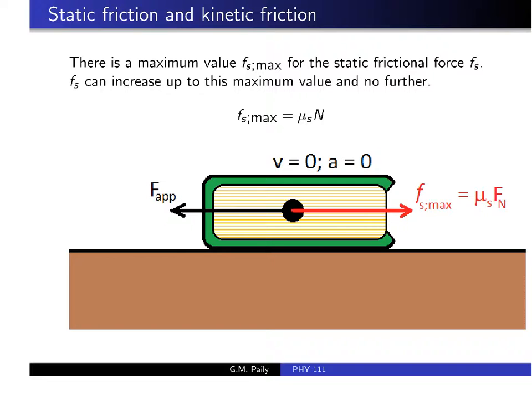If I were to apply a force downward besides the weight of the book, for example, supposing I were to put my hand here and press downward, then the forces pushing down have increased, and so the normal force increases in proportion. As the normal force increases, the maximum static frictional force can also change.